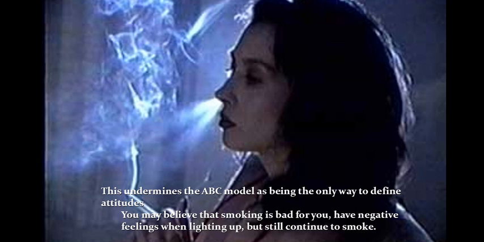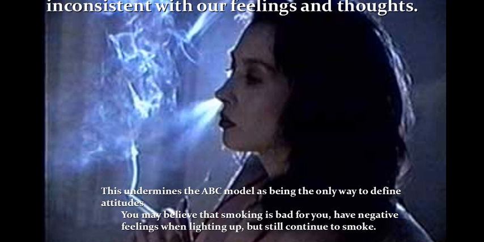And this is an undermining of the ABC model, because it's not the only one to define attitudes. Remember cognitive dissonance? This is what's happening with the smoke. Sometimes we behave in ways that are consistent with our feelings and thoughts.